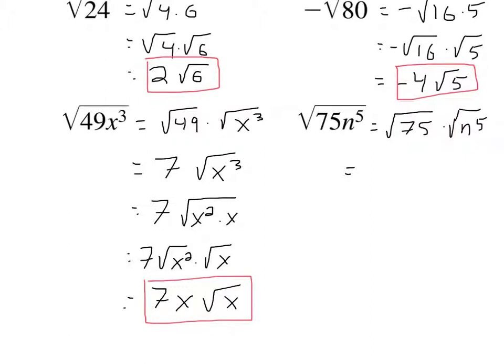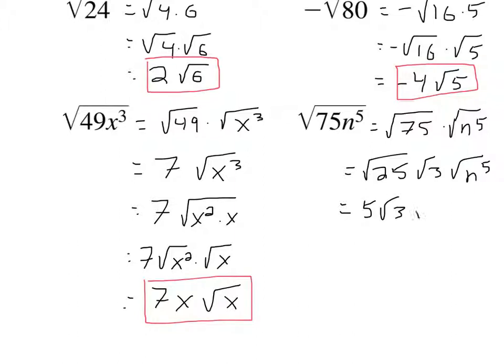I think through my list, I recognize that 25 is a perfect square factor of 75. So I get square root of 25, square root of 3. I kind of skipped a step there, but I think at this point you've probably recognized that. And I'll attach my square root of n to the 5th to the end of that. And then square root of 25 is just 5. And then I attach my square root of 3.